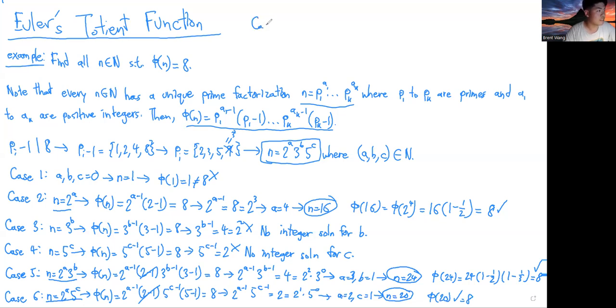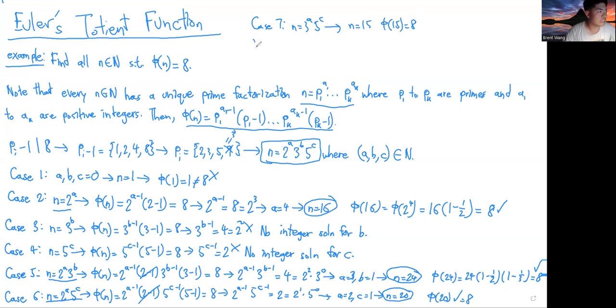So like case 7 is when n is equal to 3 to the A times 5 to the C. If you go through this, you're gonna get n equals 15 and phi of 15 equals 8.